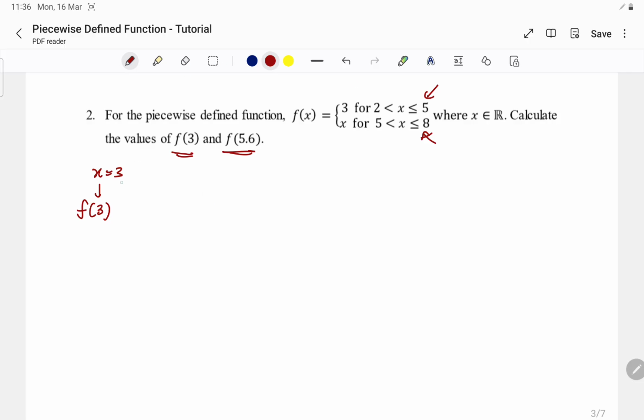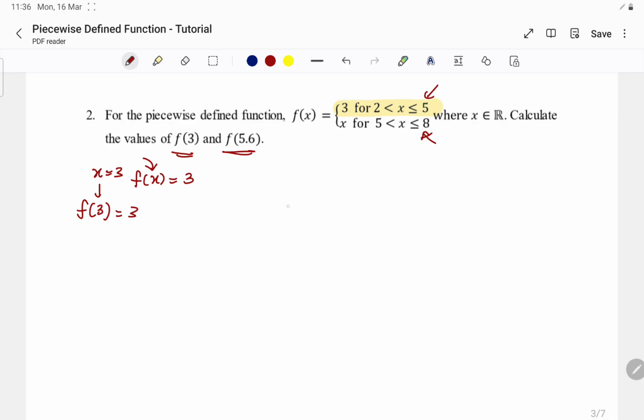For x = 3, the function is 3. When we substitute 3 inside, it stays equal to 3, because we don't have a variable, so it becomes a constant. So f(3) is equal to 3.